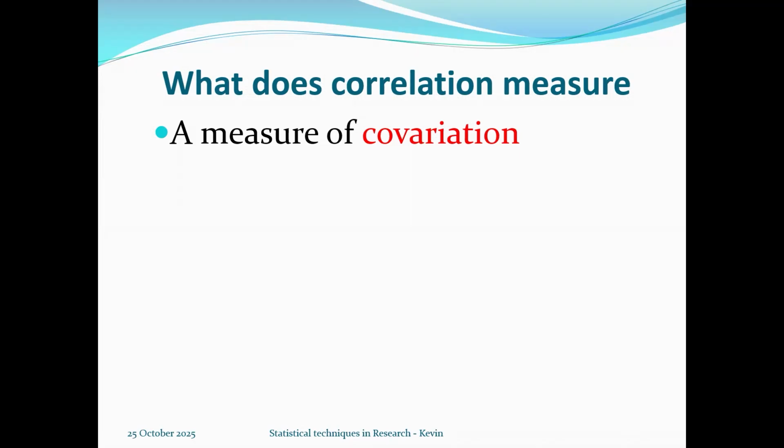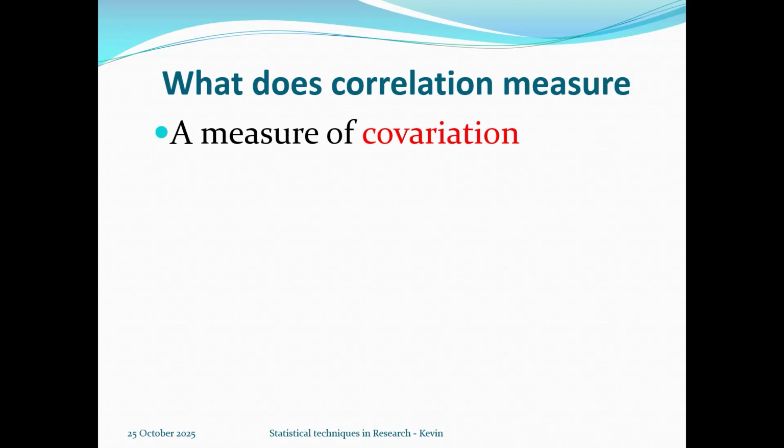But that does not mean that smoking is causing lung cancer. That the medical science will have to find out. A statistician cannot find out. Medical science will have to find out whether smoking is causing lung cancer. We can only say that there is covariation. Whether lung cancer occurs because of smoking, the medical science will find out by other tests.